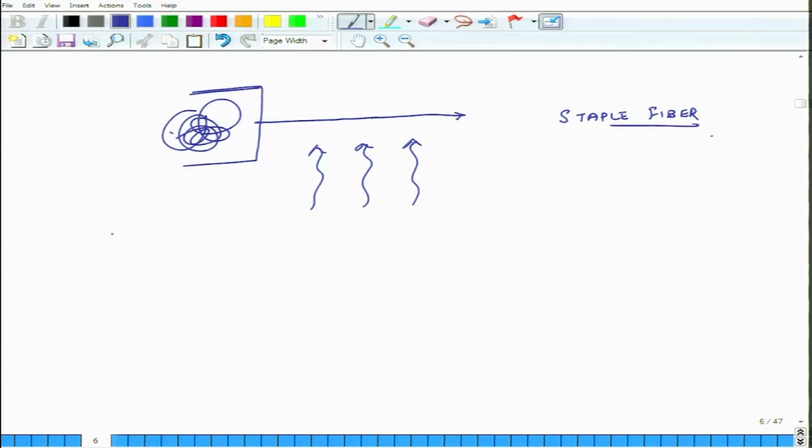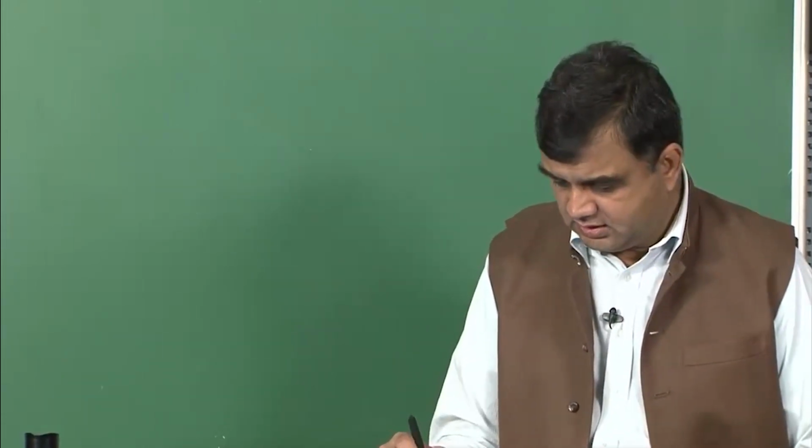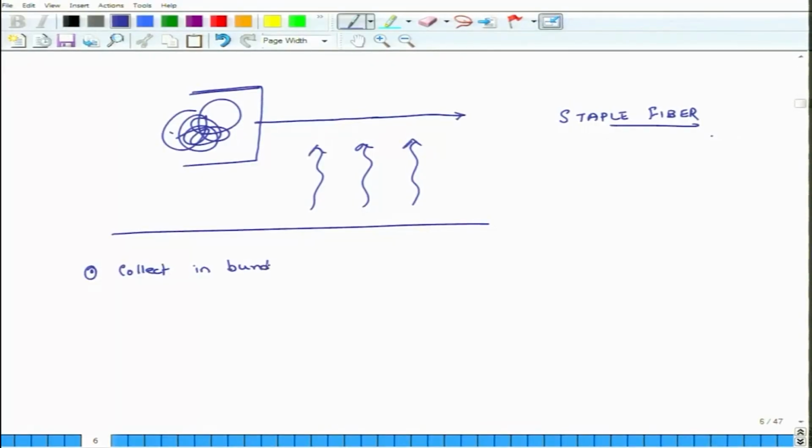Once these individual fibers come out, the first thing is they have to be coated with size, and then you collect them, because you do not wind individual fibers in a spool. You take several fibers and collect them in bundles, and these bundles are called strands.